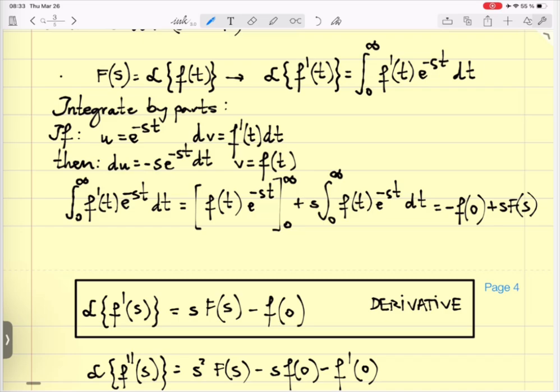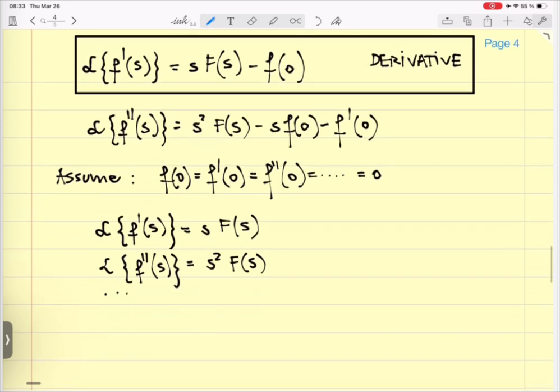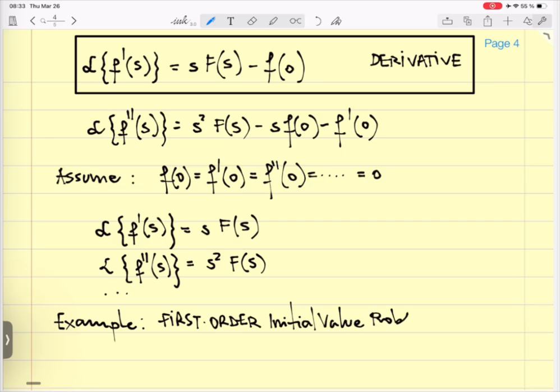Okay, let's solve an example. So this is a first order initial value problem with Laplace.